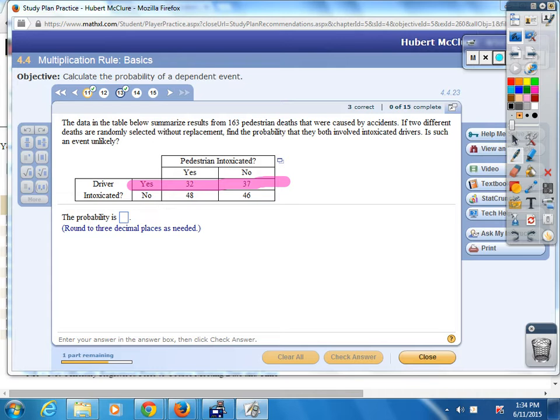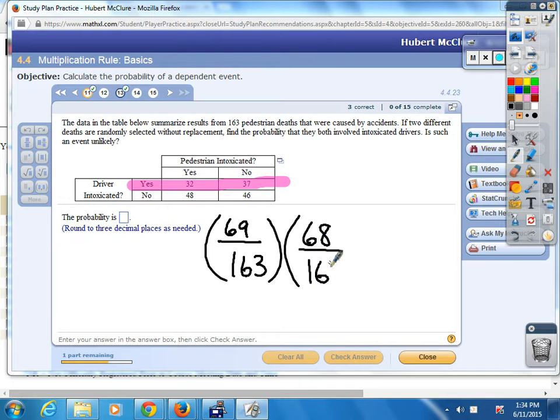So 69 divided by 163 times what? The first one is going to be 69 over 163, and you're going to multiply that by 68 over 162. And somebody give me 4 digits on that.